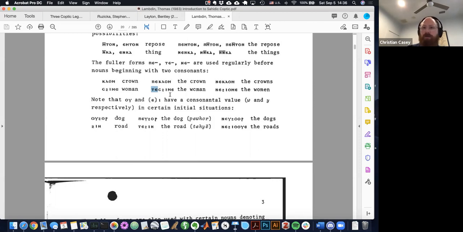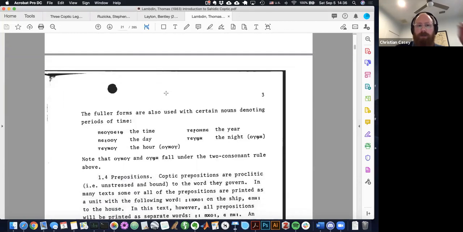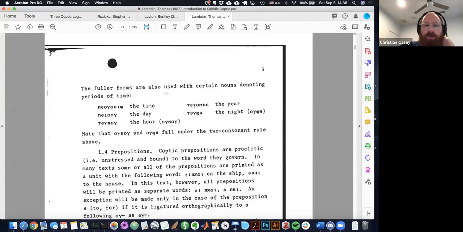So anytime you have more than two consonants, you have to insert a short vowel to break up that consonant cluster. So in this case where we have TSH, we get this epsilon in there to break up the consonant cluster. So it becomes teshime. And throughout the class, you'll see enough examples of that it will become natural.